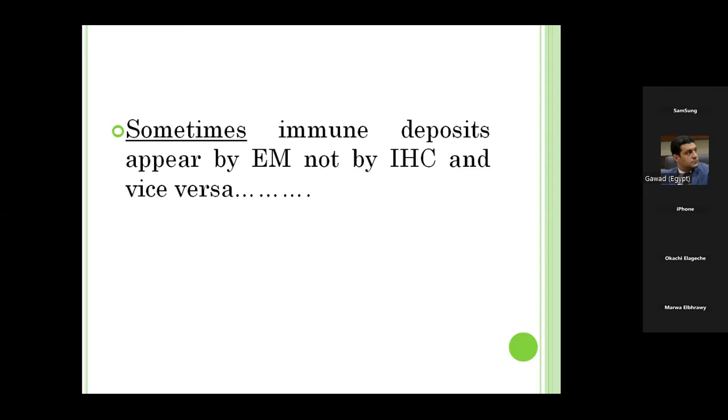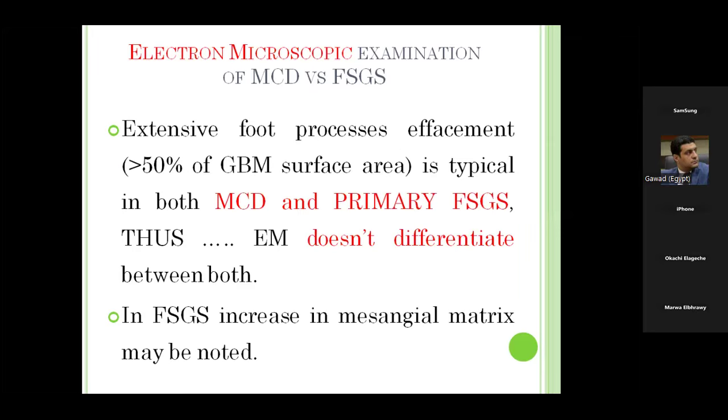But even with financial issues, we need to do both, because with extensive segmental sclerosis, many non-specific deposits could be present by immunofluorescence, and EM could support the diagnosis in the final report.